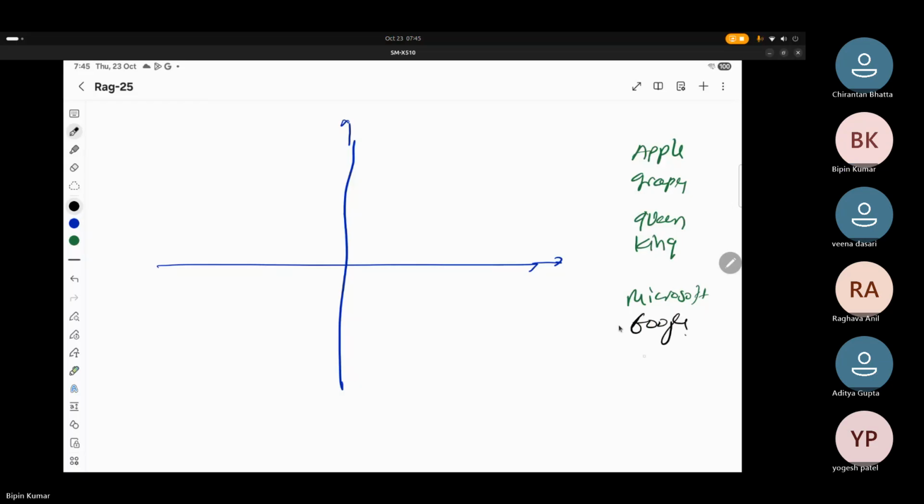And similarly, let's say Pizza Hut and Domino's. Okay. And let's say I have to create an embedding, and this embedding is, let's say, two-dimensional. Okay. Two-dimensional means for each word, I can generate a vector which has a dimension of 2.